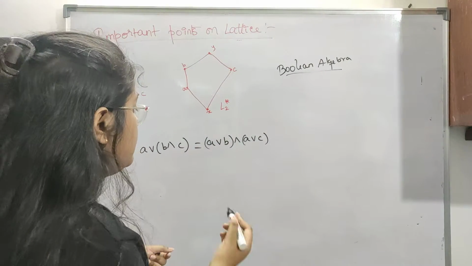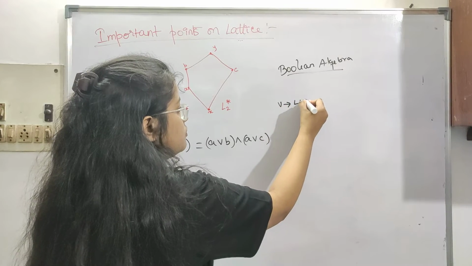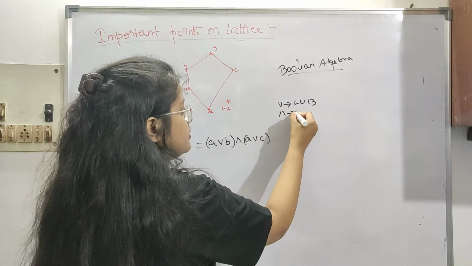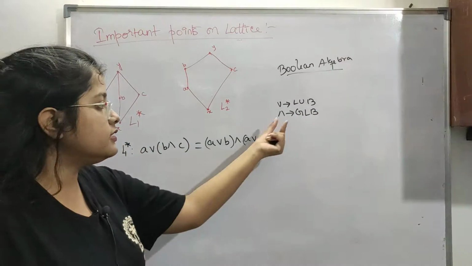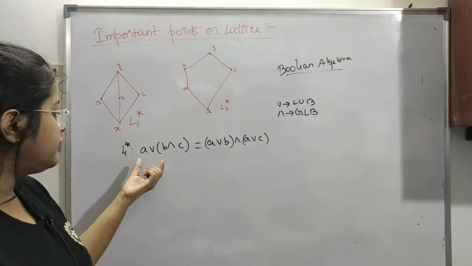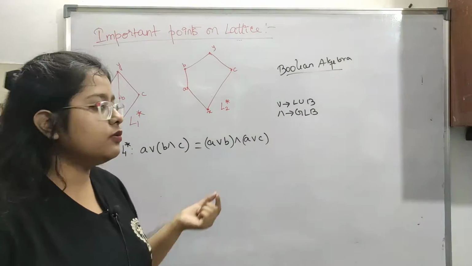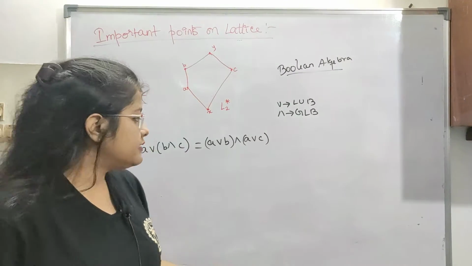Now, I think you remember this is LUB and this is GLB. LUB means least upper bound, GLB means greatest lower bound. Now we will try to find out if this distributive property holds for this L1 star diagram. So let's see.